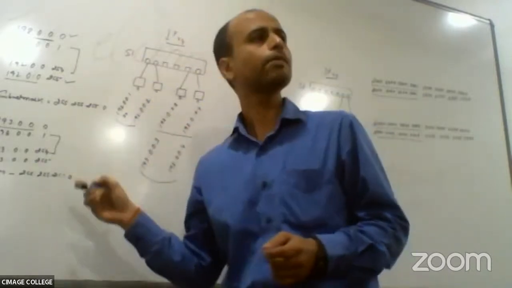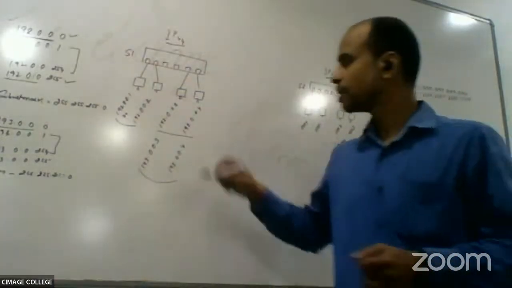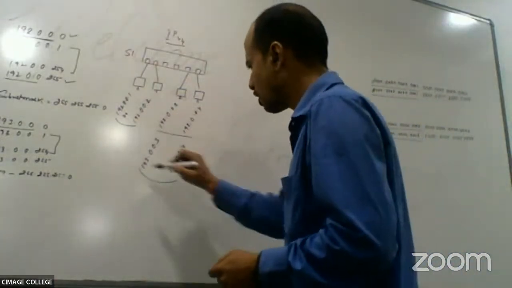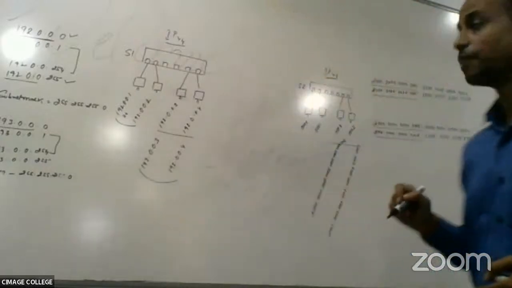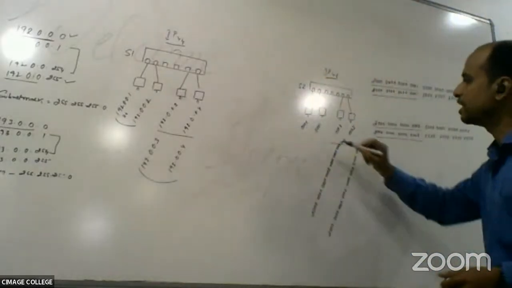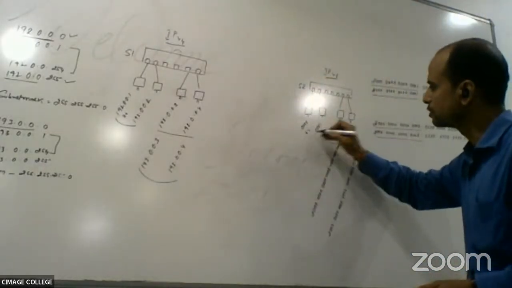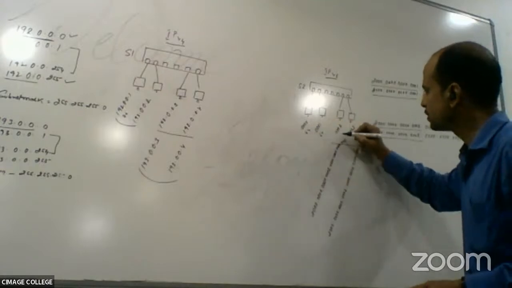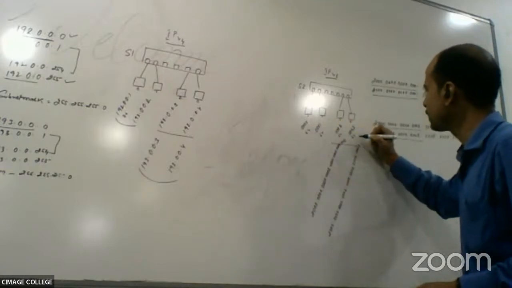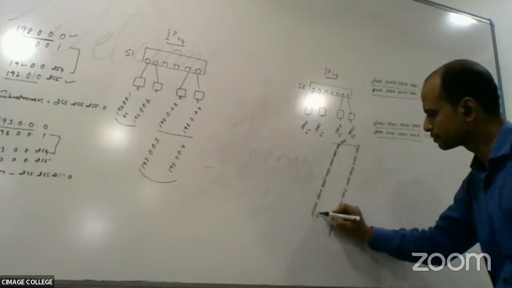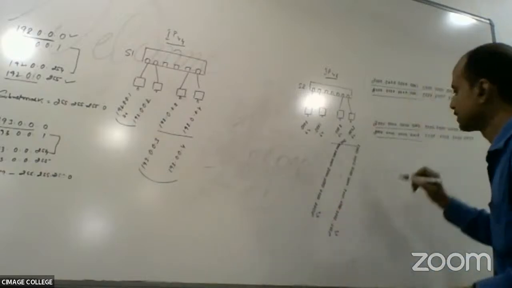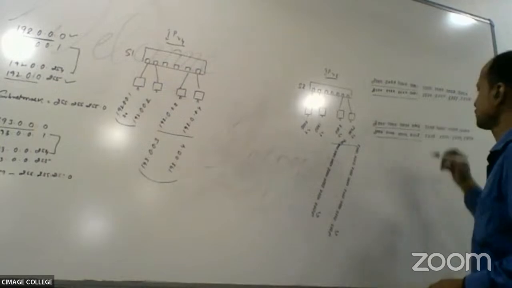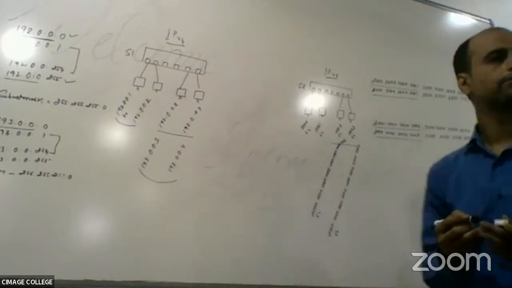But this is not applicable for IPv6. Here also 24. Here in all cases 24. But in the case of IPv6, it will be 64, 64, 64, 64, everywhere. Fine.